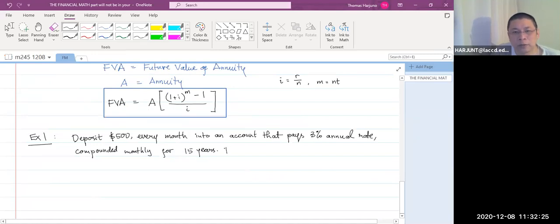Find the future value. Find the amount accumulated at the end of those 15 years.